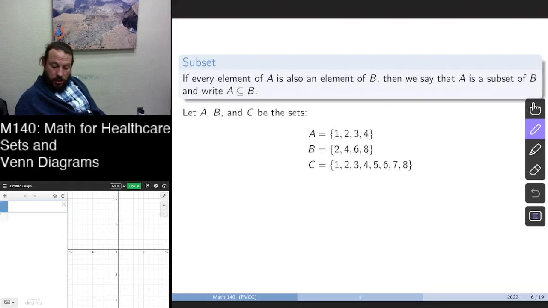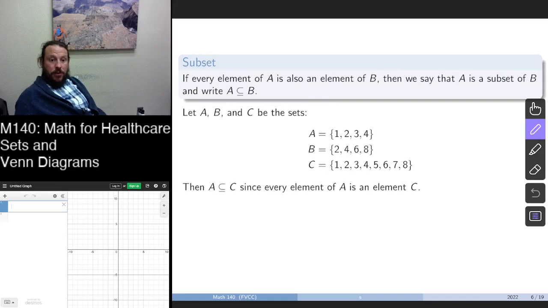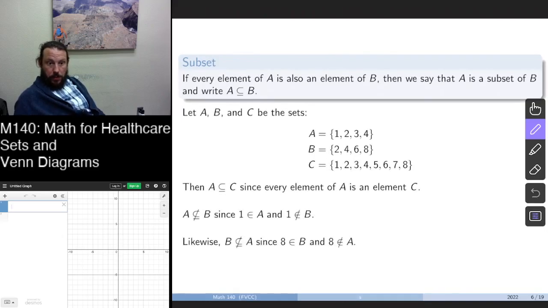But let's see, A has 1, 2, 3. 1, 2, 3, 4 is also in C. So that means that A is a subset of C, since every element of A is an element of C. And A is not a subset of B, since we notice that 1 is in A, but 1 is not an element of B. Likewise, B is not a subset of A, since 8 is in B, but 8 is not in A.